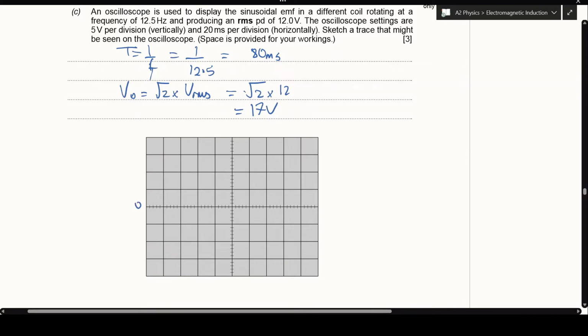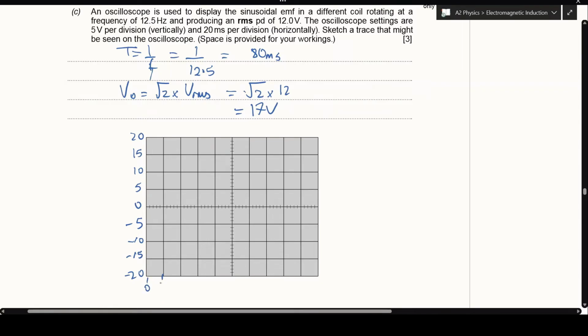So in the vertical direction, we need to get up to about 17 volts. So an obvious scale would be 5s, but we're actually told in the question that it's 5 volts per division anyway. So we can see that our curve is going to fill most of the vertical direction there. The time scale is 20 milliseconds per division.